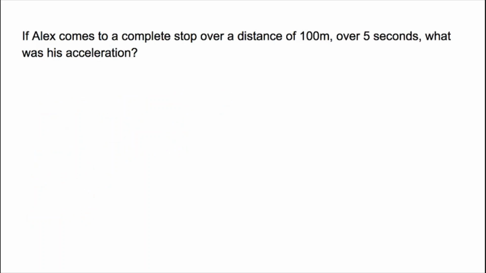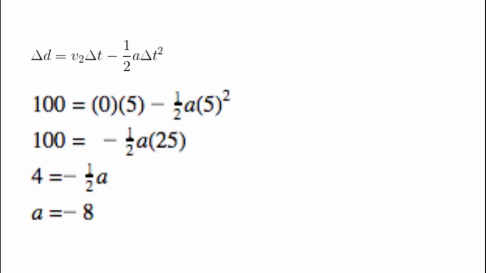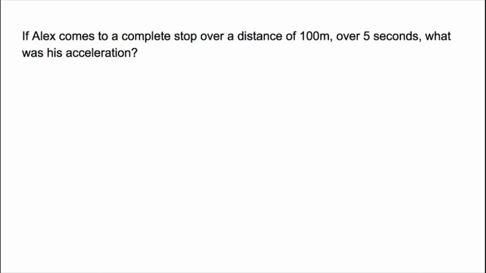You should notice that we're given the distance, we're given the time, and we're also given another variable, which is the final velocity, although it's not explicitly mentioned in the question. However, the question does state that he comes to a complete stop over a distance of 100 meters over 5 seconds. A complete stop means that his final velocity is actually 0 meters per second.